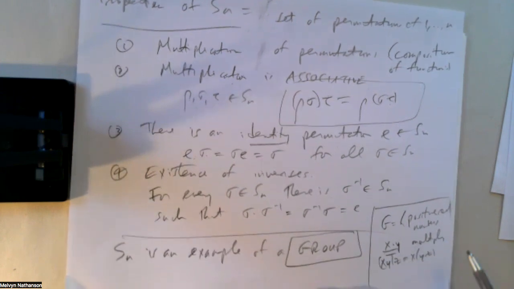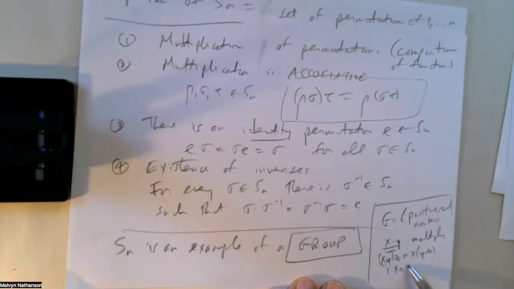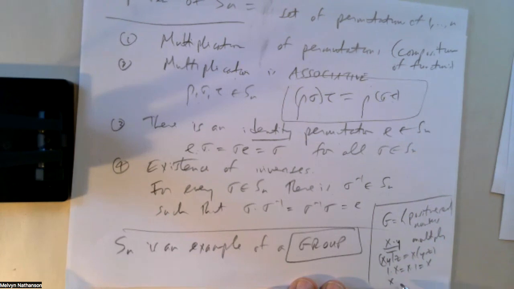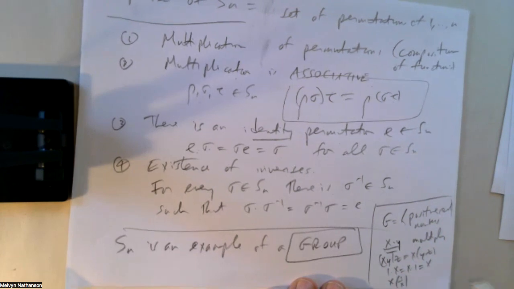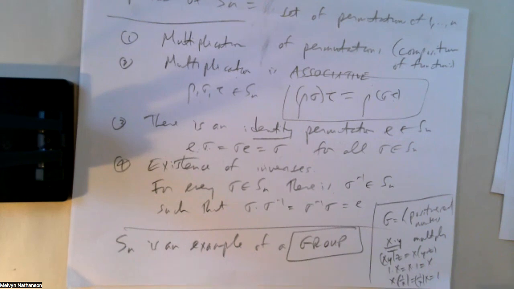So multiplication of positive numbers is associative. And there's an identity, it's the number 1. 1 is positive. 1 times x and x times 1 is always equal to x. And if you have any positive number x, its reciprocal 1 over x is still positive, and x times 1 over x, or 1 over x times x, is equal to 1. So the inverse of x is the number 1 over x. So the positive real numbers with ordinary multiplication is another example of a group.